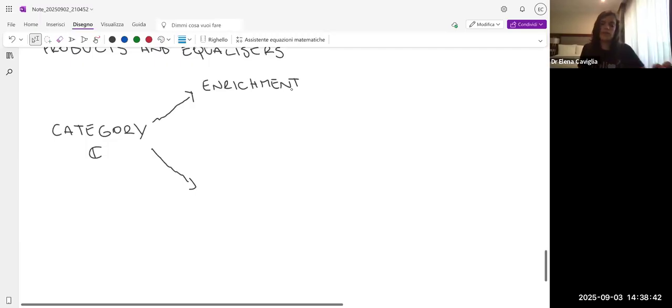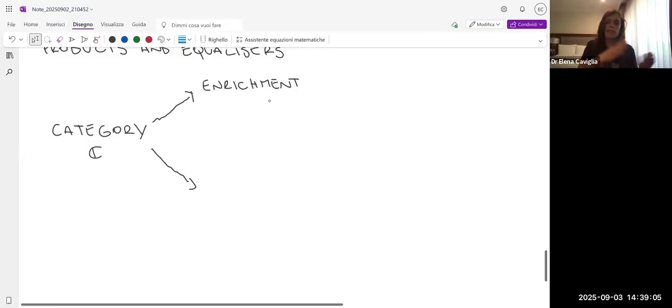So for example, if C is the category of abelian groups, we can say now we consider categories such that C(X, Y) is not just a set, but it is an abelian group. So it has a structure of group.